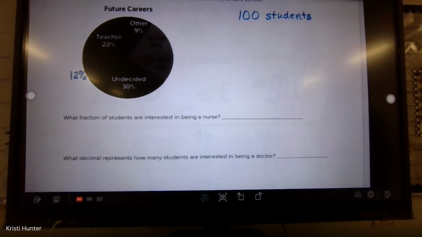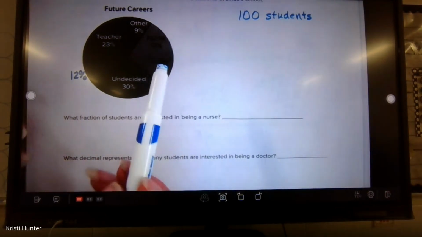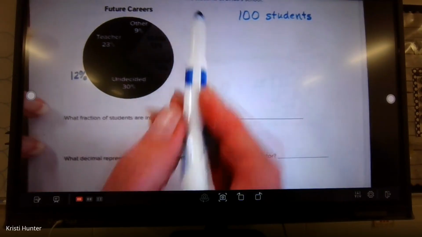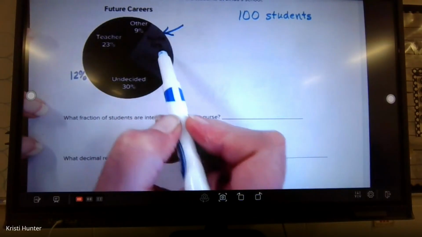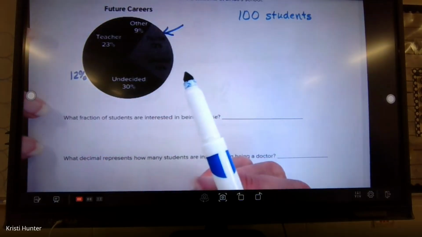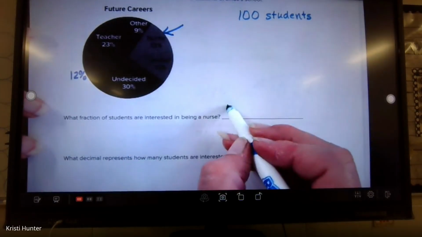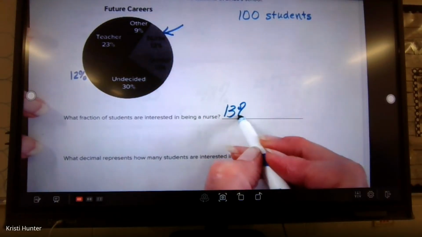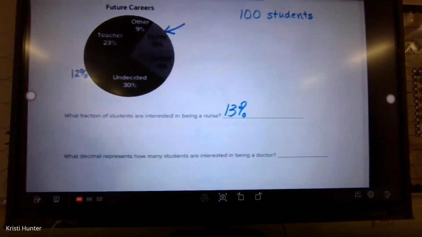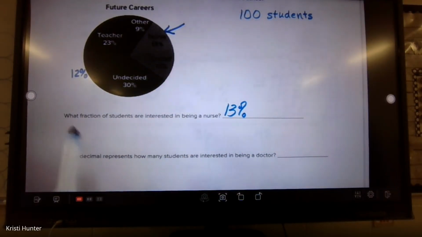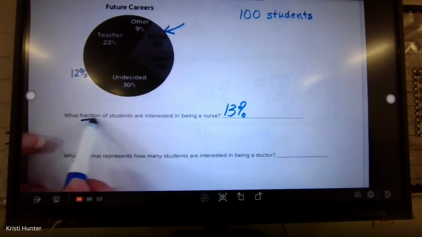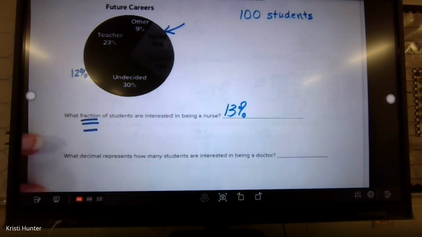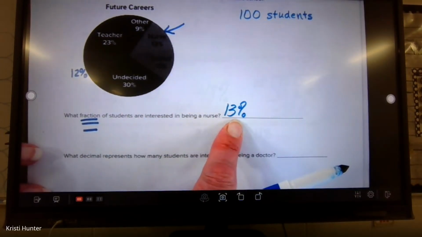So it says, what fraction of the students are interested in being a nurse? On my pie chart, I find the nurse, which is right here, and it says 13%. Now read your question carefully, because if you write 13%, you're going to get it marked wrong, because it says what fraction? 13% is not a fraction, so we've got to change it into one.